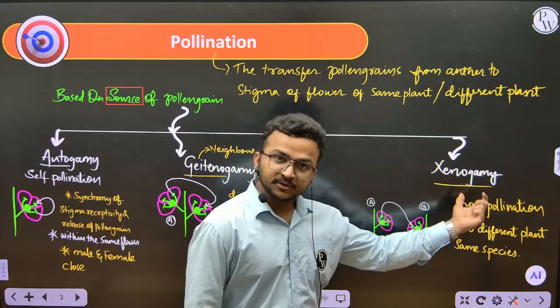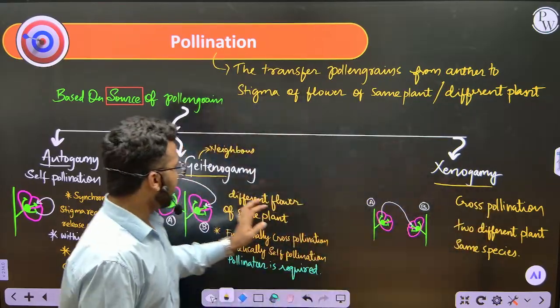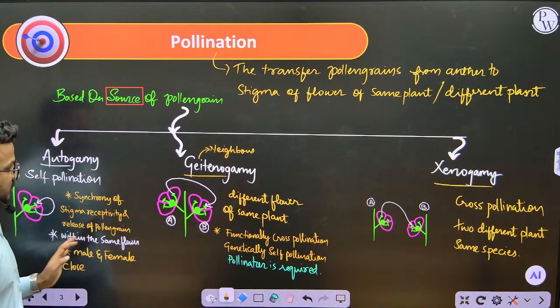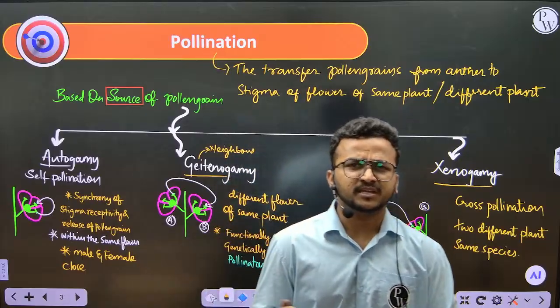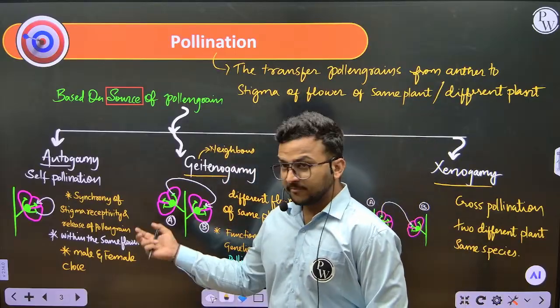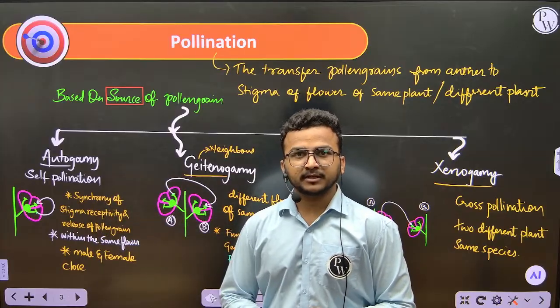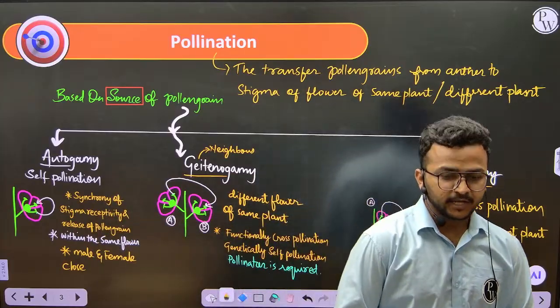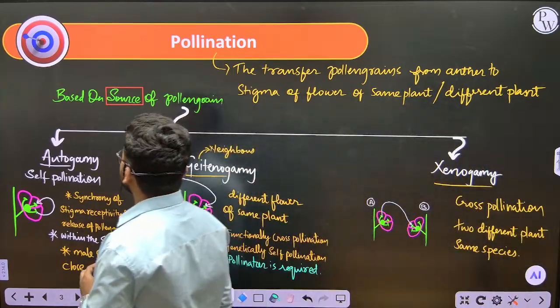Of course it will be xenogamous, or cross pollination. In autogamous and geitonogamous cases, not many variations are seen. In fact, if a plant undergoes continuous self pollination, there is a chance of inbreeding depression. We will discuss this in the next session.